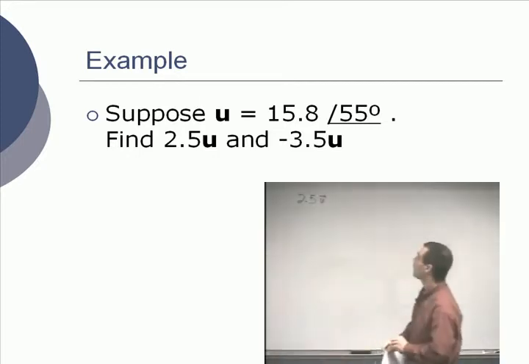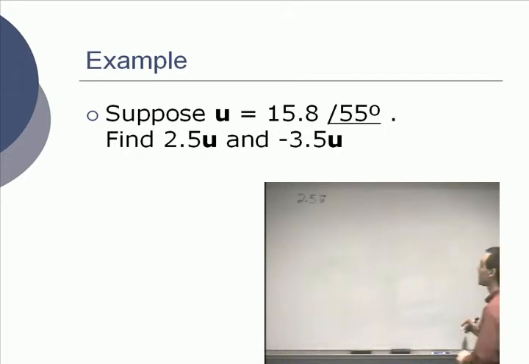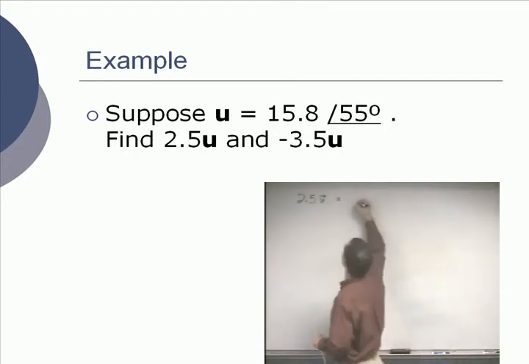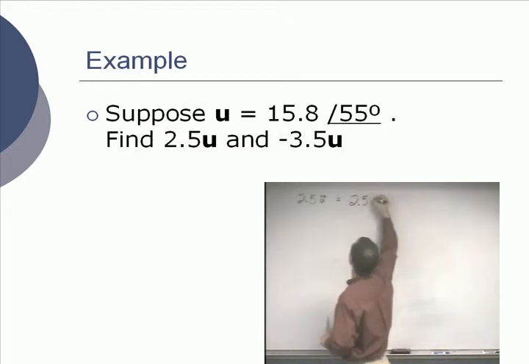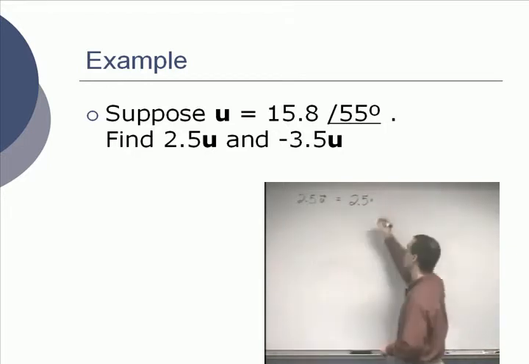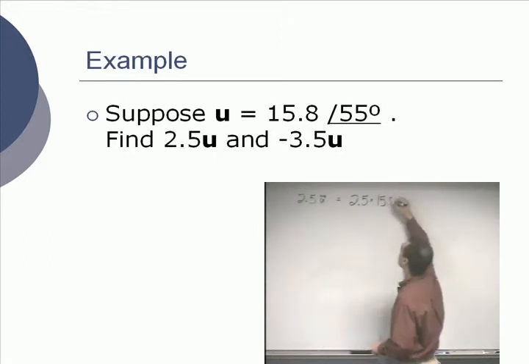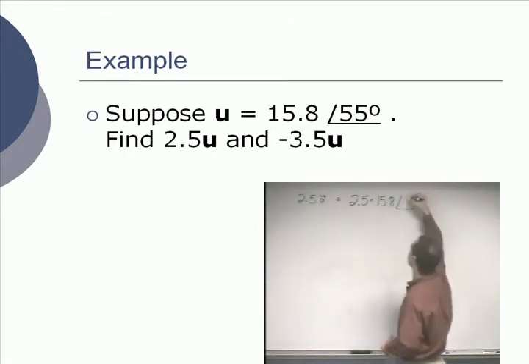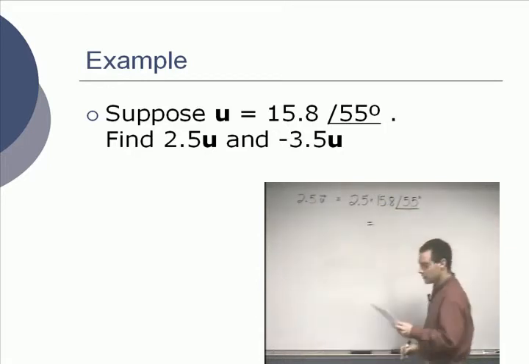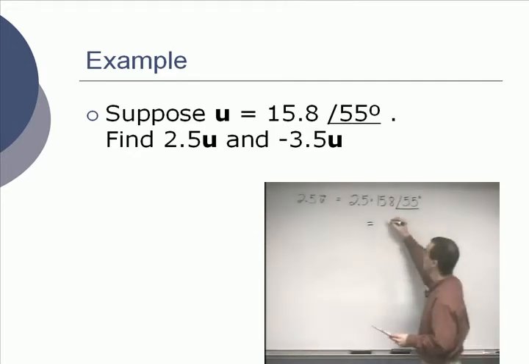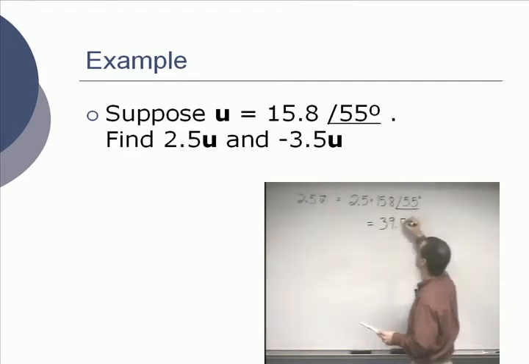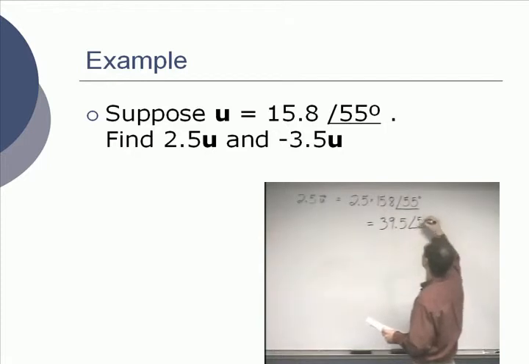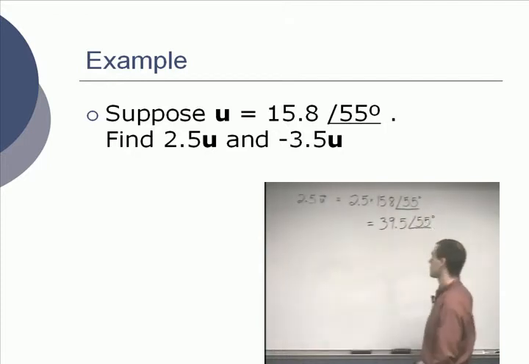Again, putting a little arrow over the letter indicates a vector because it's kind of hard to write bold unless you take the time to dull your pencil. 2.5u is going to be equal to 2.5 times the original magnitude, which was 15.8, and that's still at 55 degrees, which gives us the resultant of 39.5 at 55 degrees.